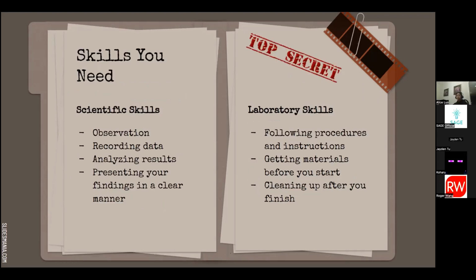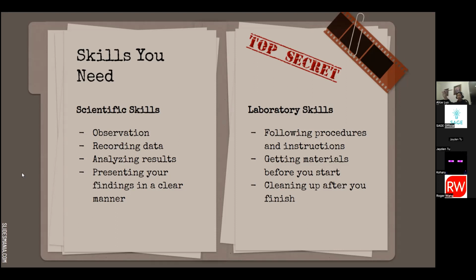So as I said, you need a lot of scientific skills. So in this class, we're going to be learning some scientific and laboratory skills. Some scientific skills would be observing things with your 5 senses, which I think we're all pretty good at. For example, I can say, I see a pencil in front of me. It's a black pencil.